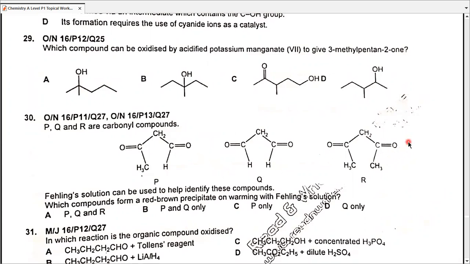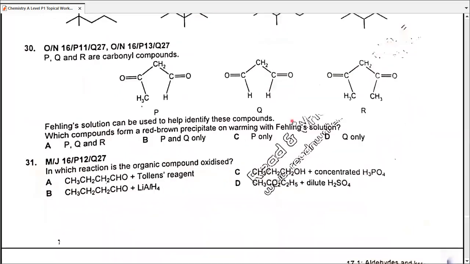Alpha and beta are tertiary alcohols. They can't be oxidized. Charlie has a primary alcohol that will give aldehyde, and delta is a secondary alcohol which can give a ketone. Perfect. 30.